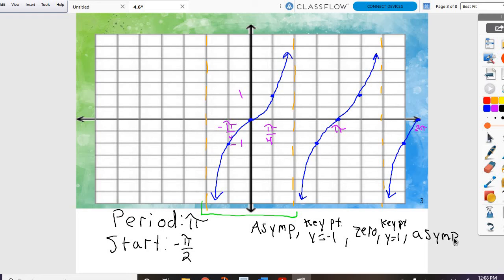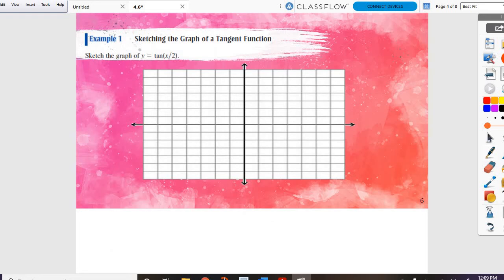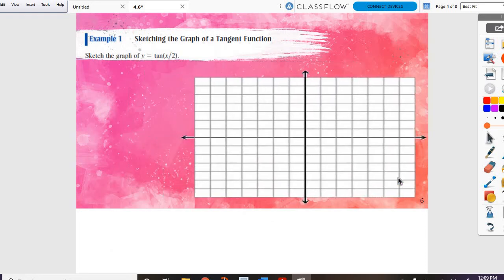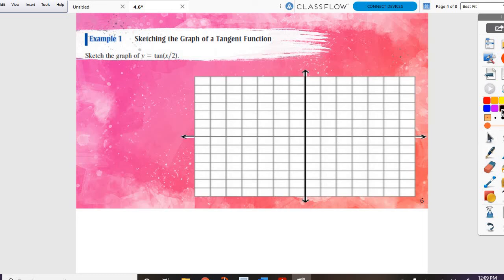No, not quite. Normally we're going to graph some transformations with it as well. So we're going to look at some transformations for our tangent graph. Now, the transformations for our tangent are going to be quite similar to our original sine and cosine function.